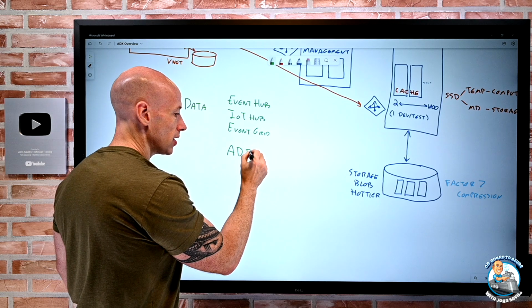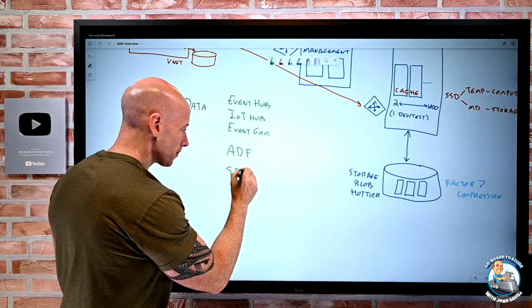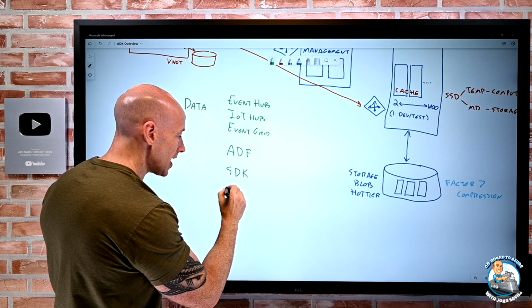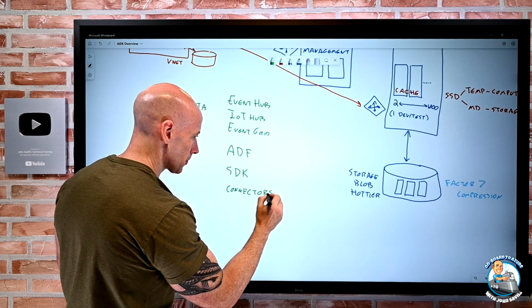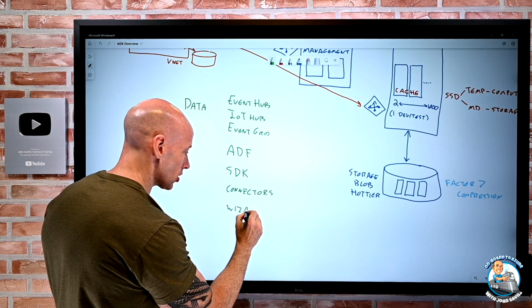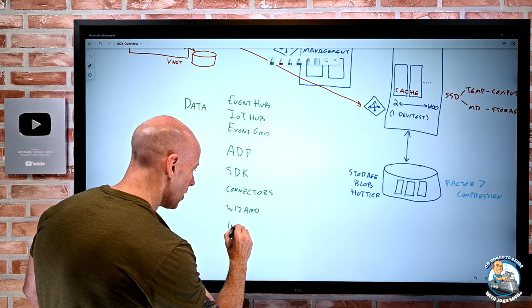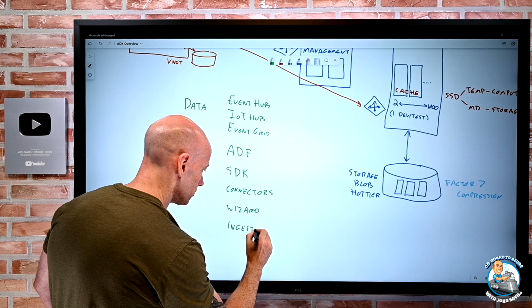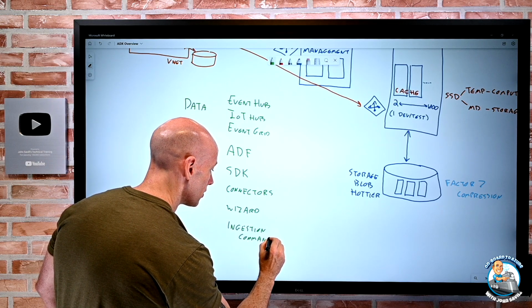Azure Data Factory is very tightly integrated. There are SDKs. There are connectors. There are wizards that can drive the ingestion. And then there's actually ingestion commands, which are ultimately what the engine performs.